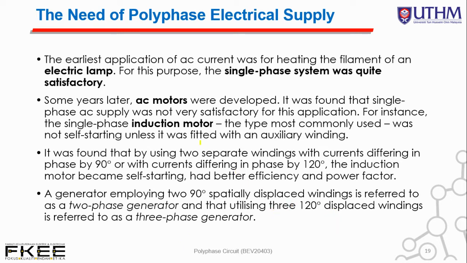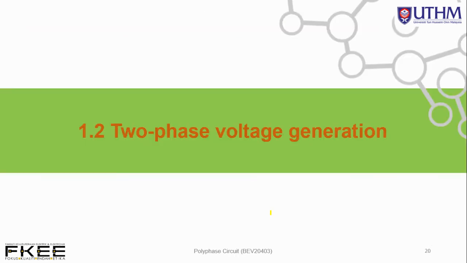So after they invented the AC motor, especially the induction motor, with two separate windings, they came up with a better idea of employing two 90-degree displaced windings, and the result is more interesting because the generator is now able to generate higher energy with better power capacity.